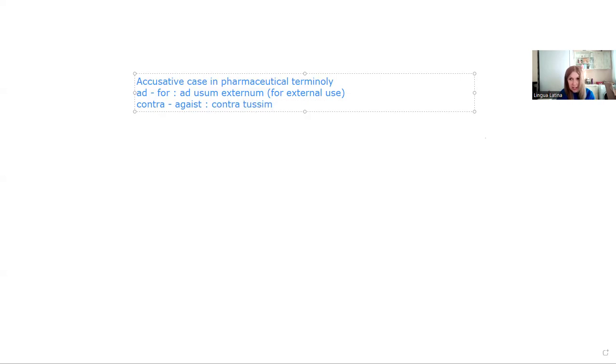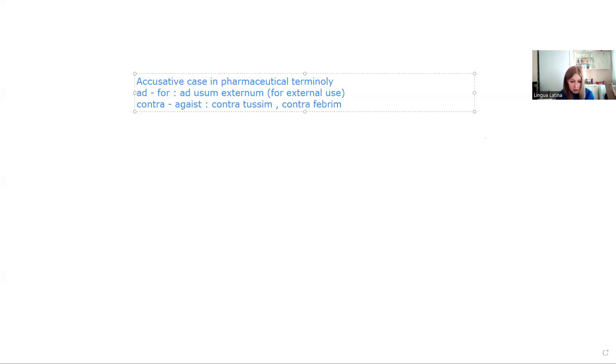It means against cough, but it's better to say in English for cough. For example, syrupus contra tussim, cough syrup, syrup that helps to prevent cough. And also we've got against fever, contra febrim. Typical accusative ending for third declension, im.